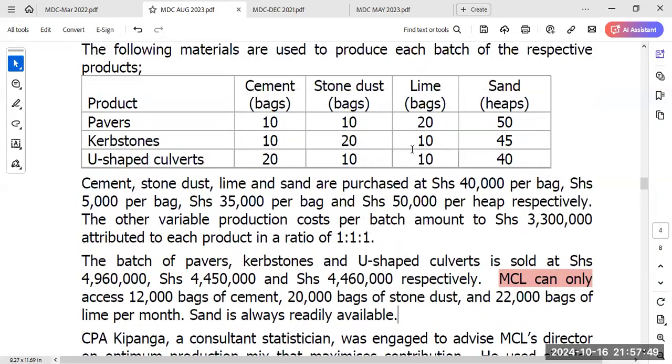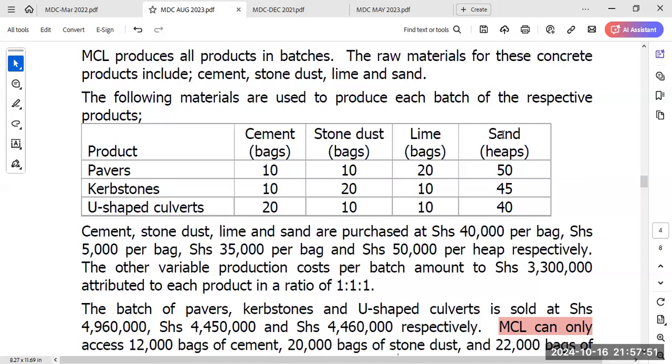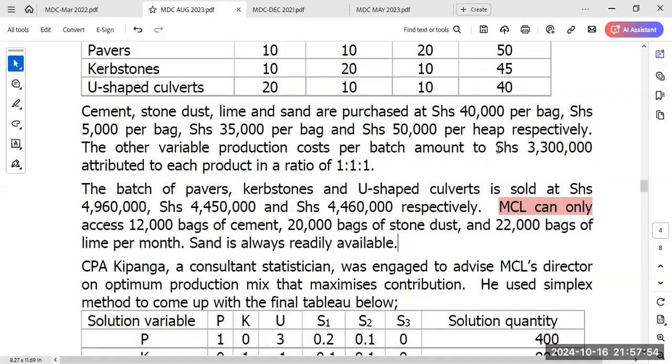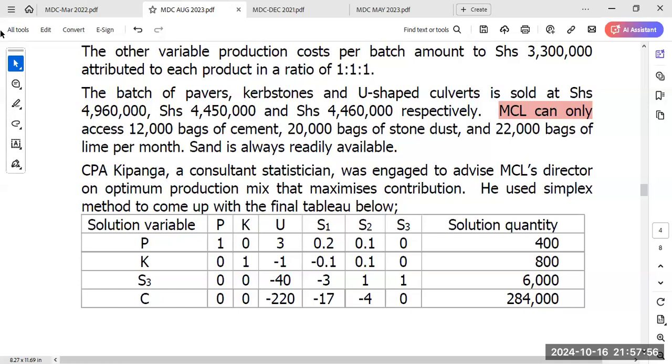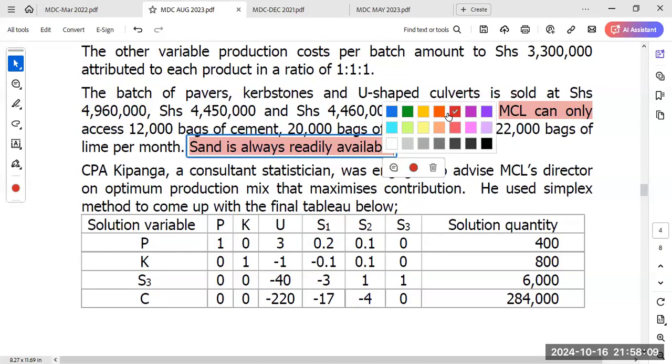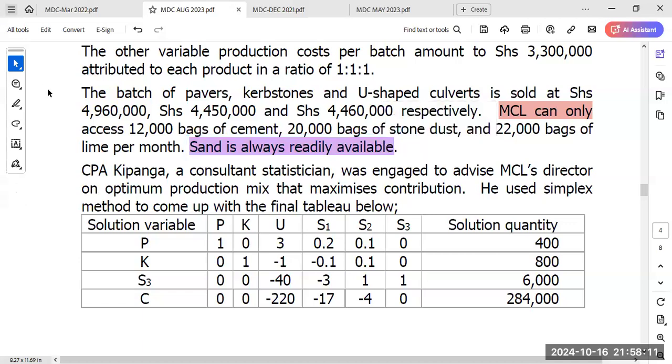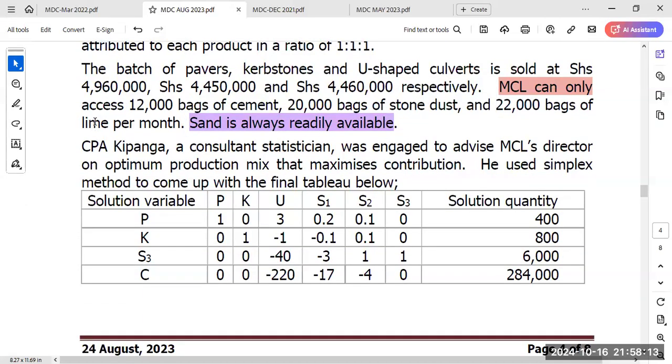But they will give you information relating to sand. And you waste your time saying that the question has an error. Yet the information is clear here. Sand is always readily available. It cannot be a limiting factor. Something can be a limiting factor where you can attach an inequality.